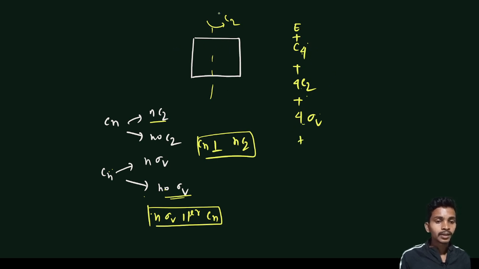Also, here C4 is coming out from the board, and the molecular plane is cutting all the molecule and is perpendicular to C4, so the molecular plane is sigma h, so sigma h is also present, and if sigma h is present and C4 is present, then S4 must be present.